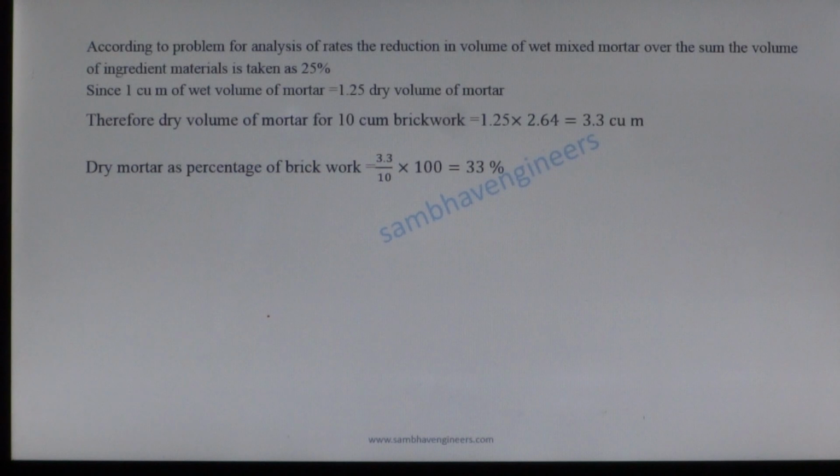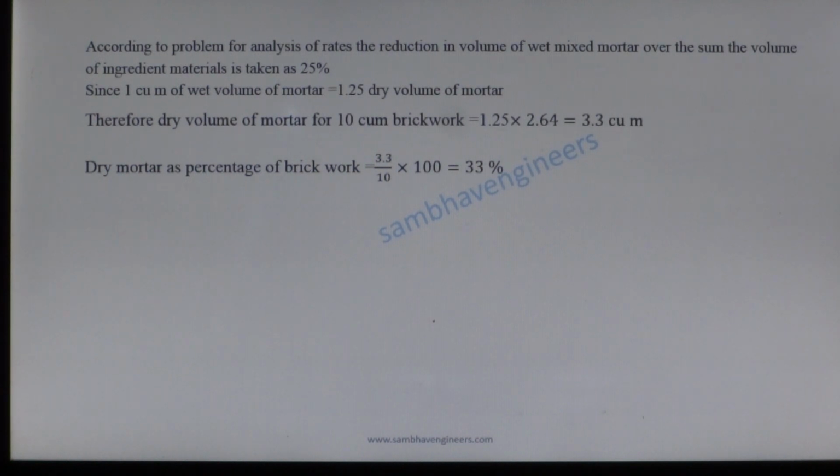Now 1 cubic meter of wet volume of mortar is equal to 1.25 cubic meter of dry volume of mortar. So for 10 cubic meter brickwork, volume of dry mortar is 1.25 multiplied by 2.64, which is 3.3 cubic meter. Dry mortar as percentage of brickwork is 3.3 divided by volume of brickwork 10, multiplied by 100, which is 33%. Next question.